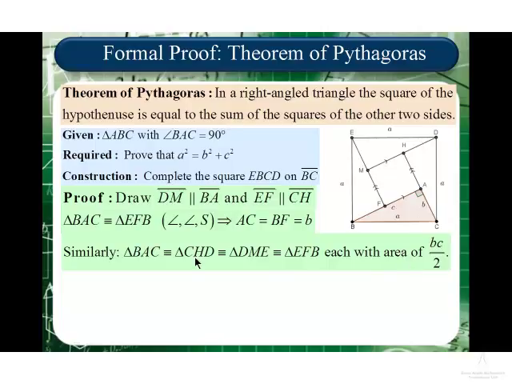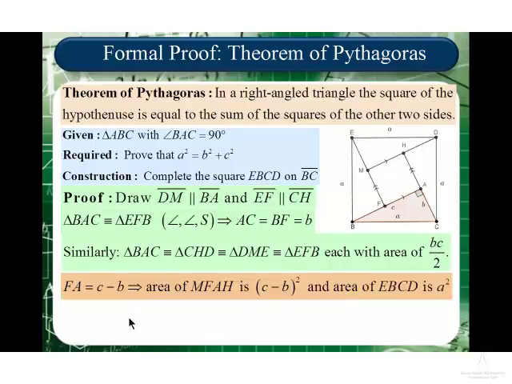Now in this case then we can add the areas of all four of these together by just taking 4 times this particular expression bc divided by 2, and that is what we will do next. First of all, let's consider the length of the line segment FA. Now FA is the distance from F to A on this particular side length of the triangle ABC.